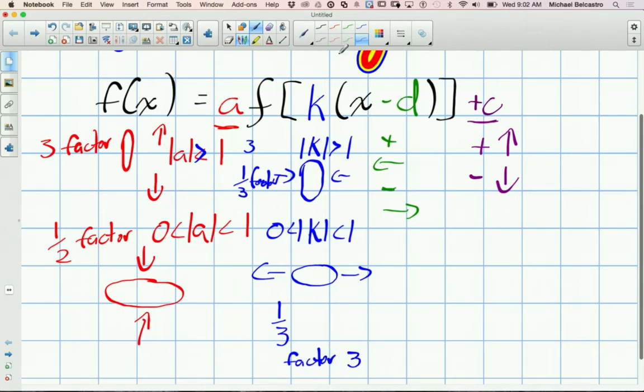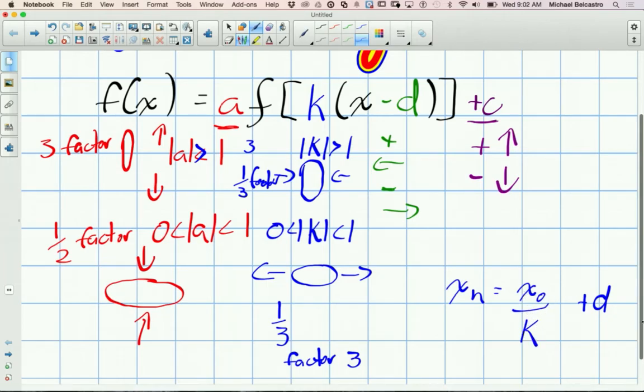So why does that happen? We could tie that to mapping notation. Mapping notation states that the new value of x is equal to the old value of x plus d, divided by k.